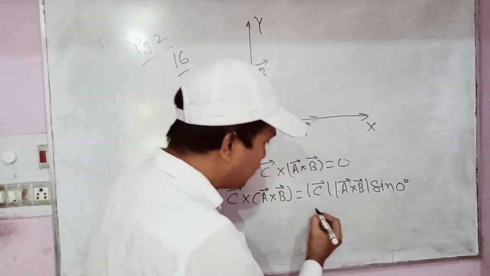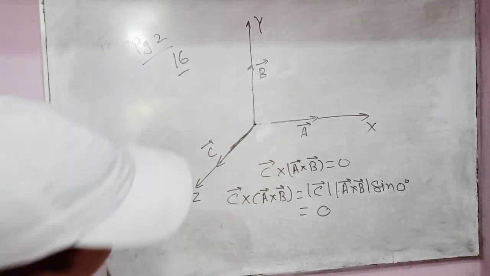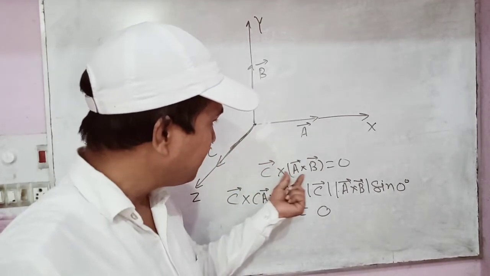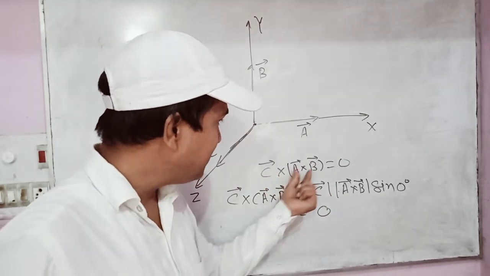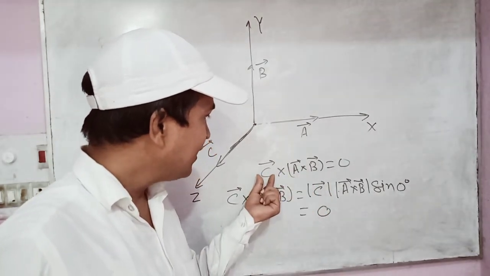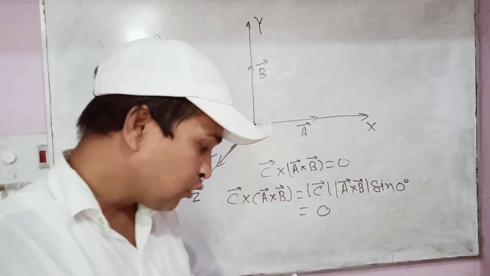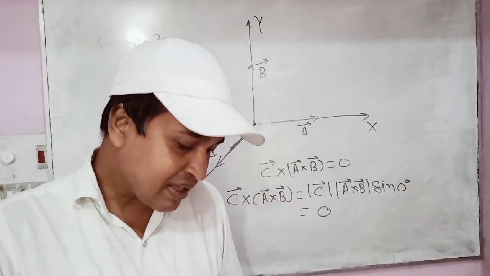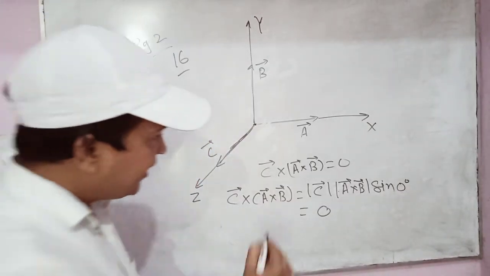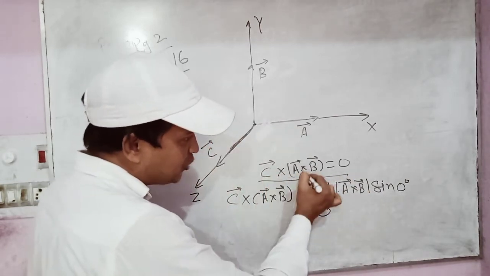Cos 0 has value 1 if you check again, but the quantity is taken as zero per the video. So if A, B, C are mutually perpendicular, then the result is 0. In this question it is also asked whether the converse is true. It means, if this is 0, are they mutually perpendicular?